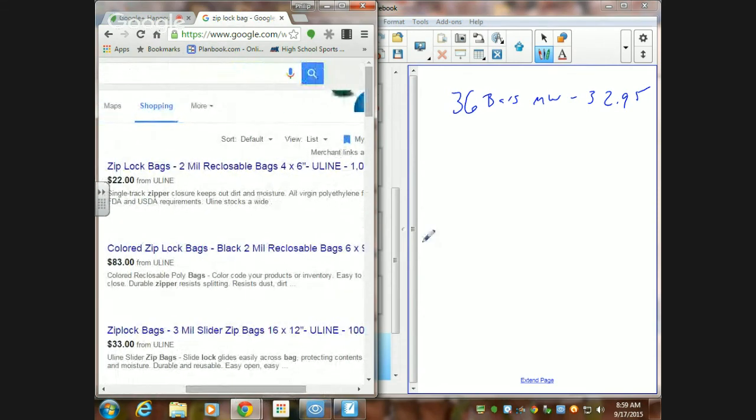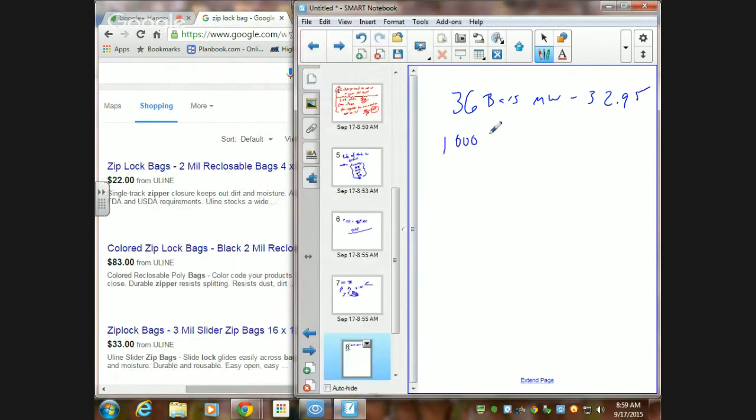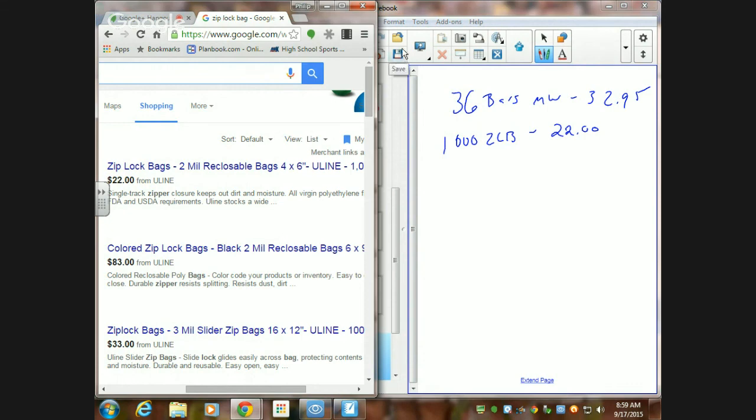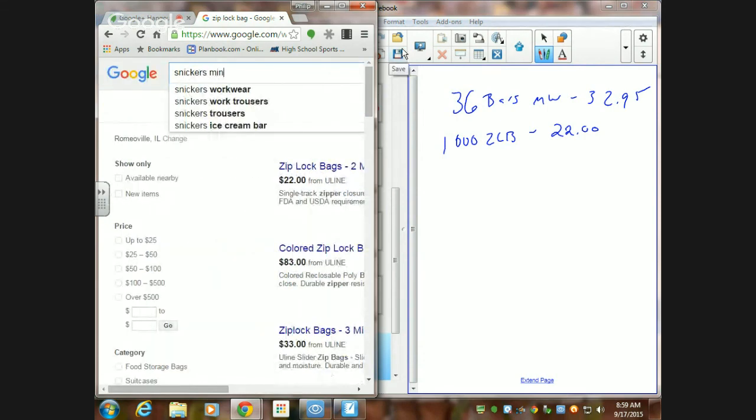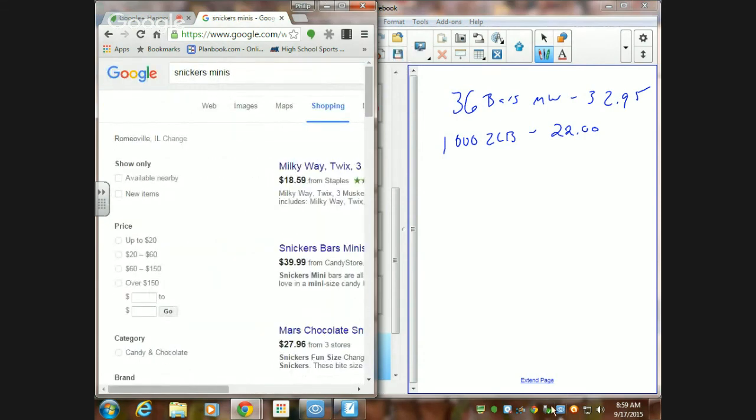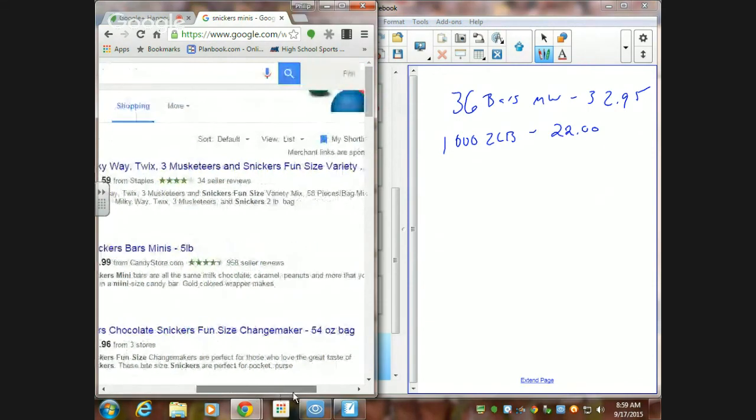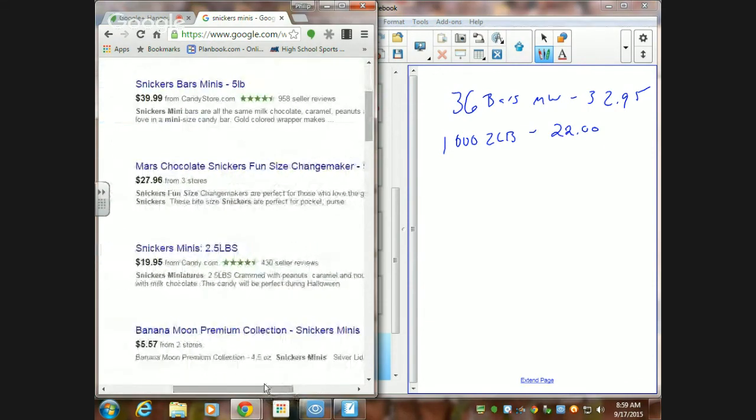You have 1,000 Ziploc bags for $22. I wish it would give a count on these.